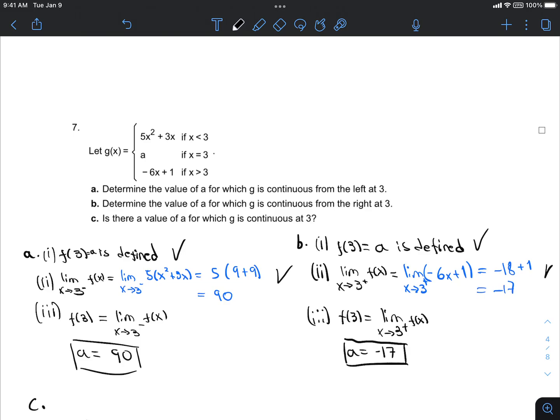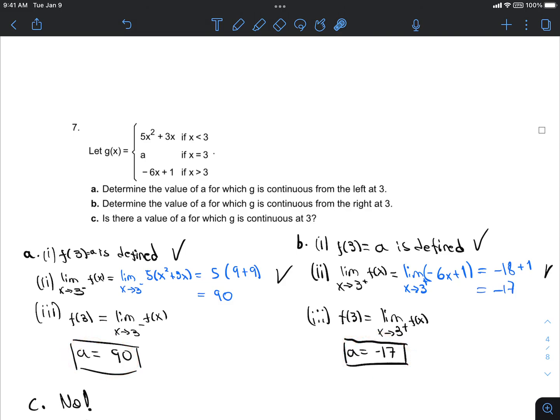So the answer for C, which asks if there is a value of A for which G is continuous at 3, is no, because for the function to be continuous, it needs to be continuous both from the left and from the right. And it can't do that at the same time because those require different A values.